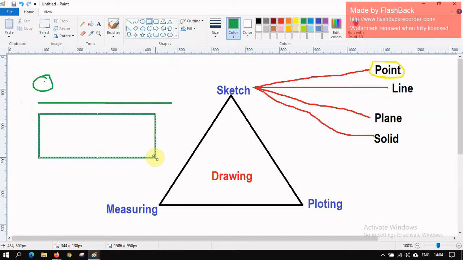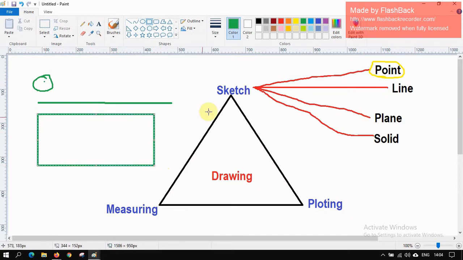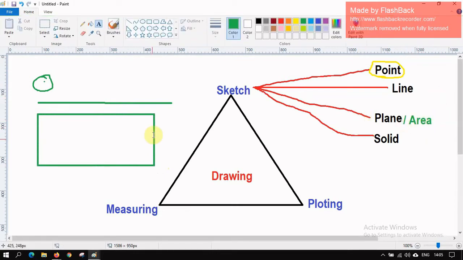You can get an area, let me write it, area. Area, plane or area. Now last but not the least, you can find a solid.